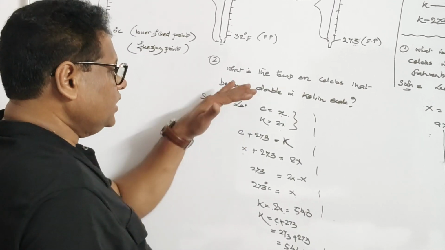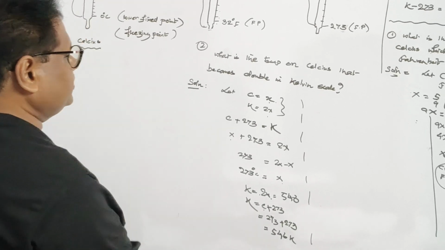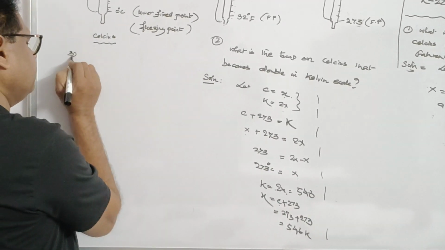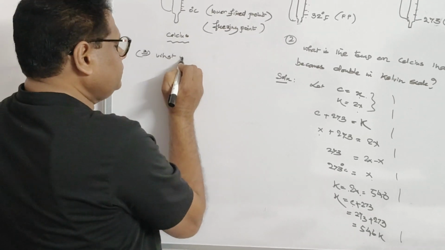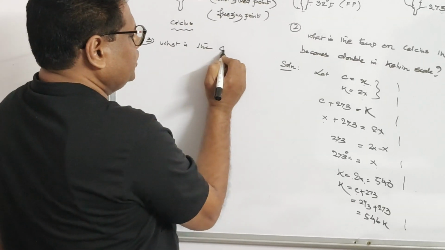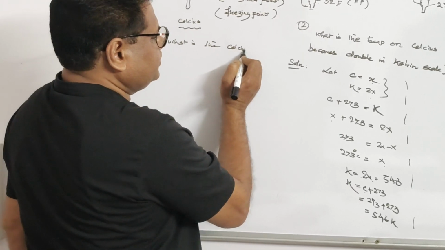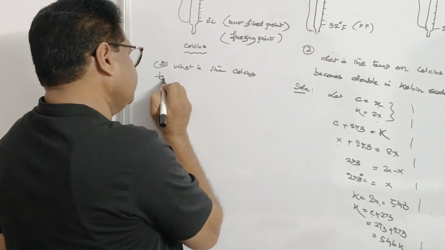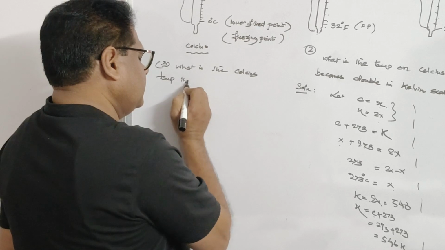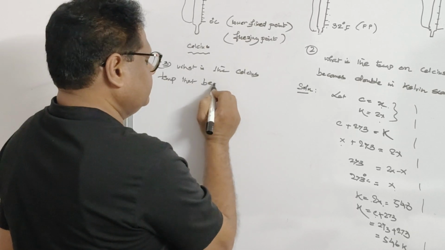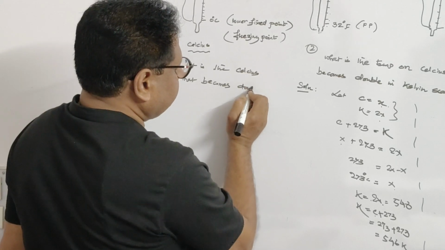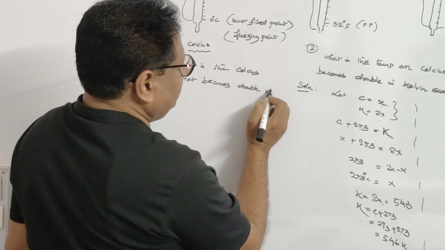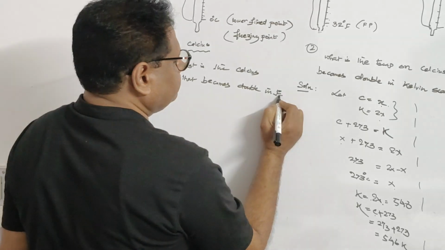If the same question is asked like here, sum number 3, what is the Celsius temperature that becomes double in Fahrenheit?